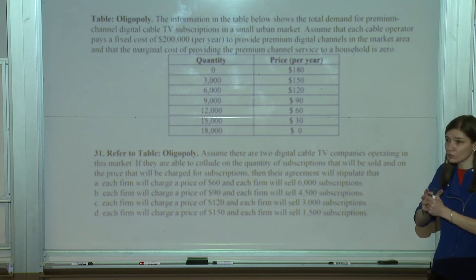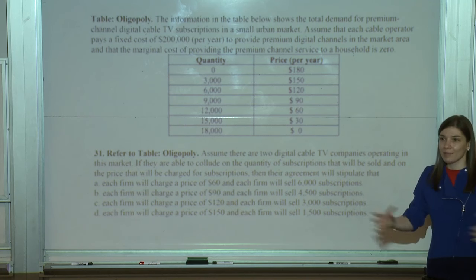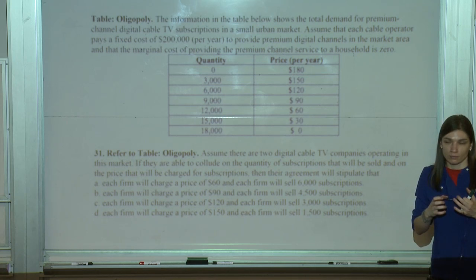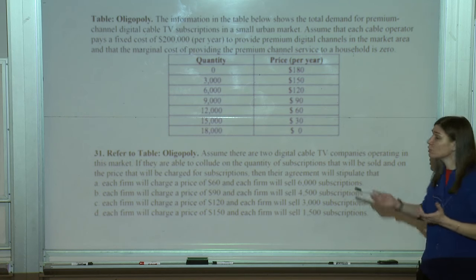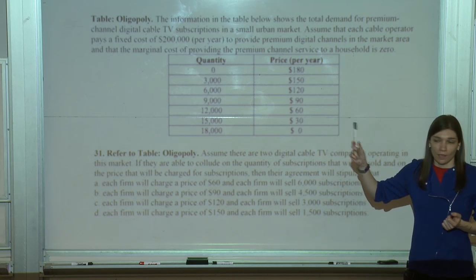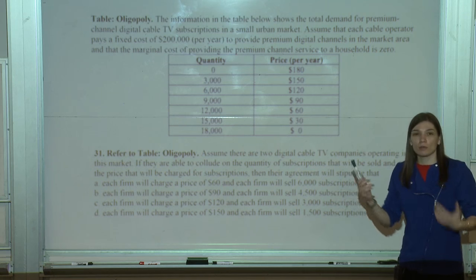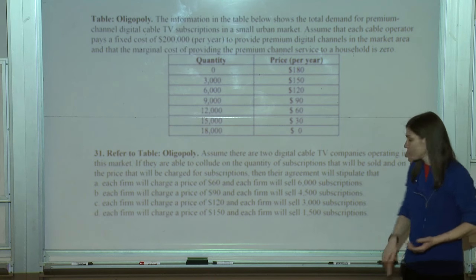And here, when they collude, it is as if they're a monopolist, as if they're one firm. So they'll maximize the joint profits. Does that make sense? So we need to figure out at each quantity what's going to be the total profit. And whenever it's higher, that's the one that they agree upon. And that's exactly the one that the monopolist is going to choose as well.